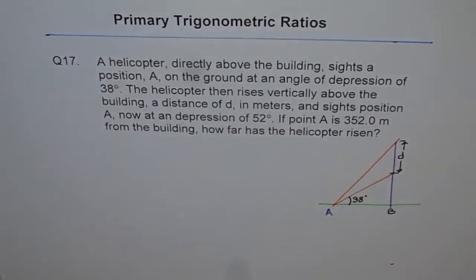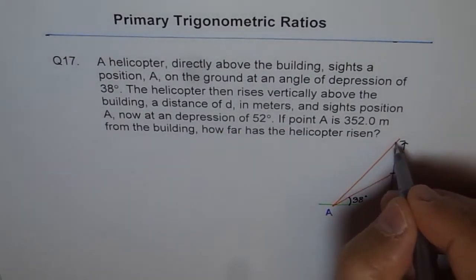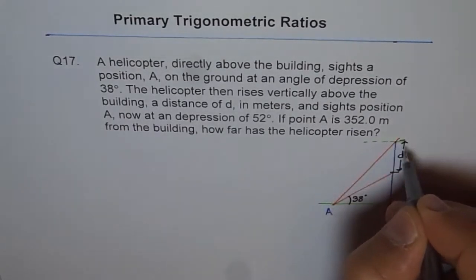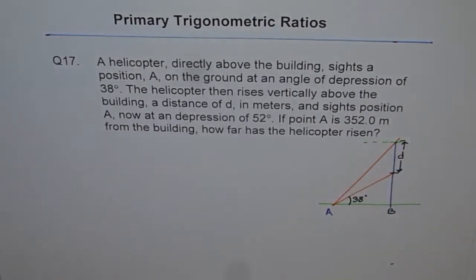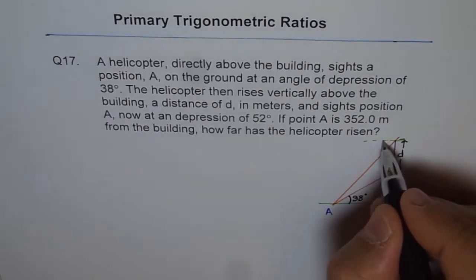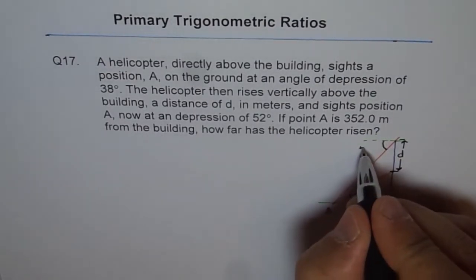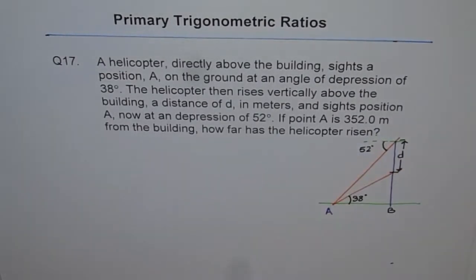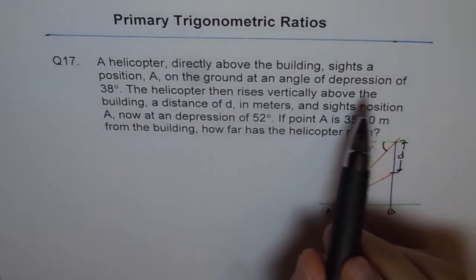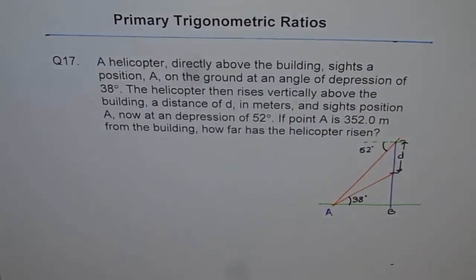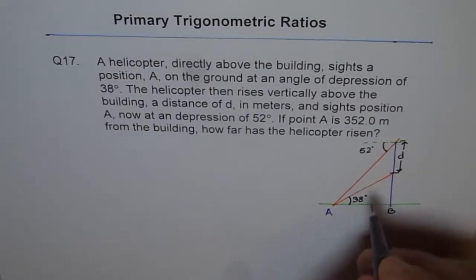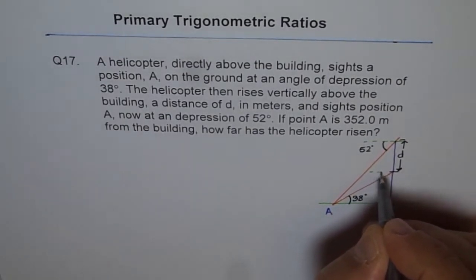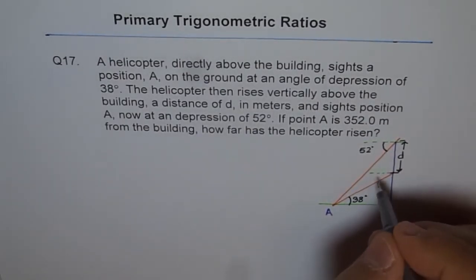When we say angle of depression, it means the angle made with the horizontal. So with the horizontal, the angle made here is 52 degrees. Here also it was an angle of depression. I wrote it as an elevation angle, but both are the same. That angle is the given angle 38.